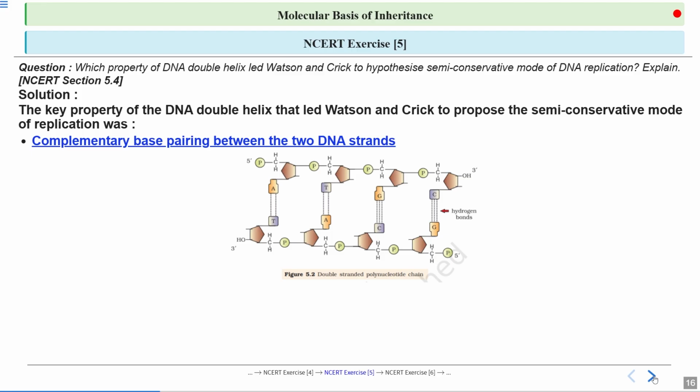Between these two strands there has always been complementary base pairing, meaning purine complements with pyrimidine. Here we can see that G pairs up with C, again CG, AT. So it will be like this base pairing.